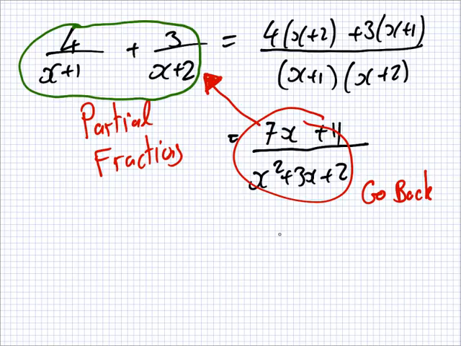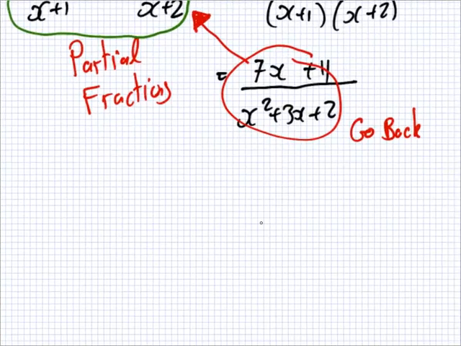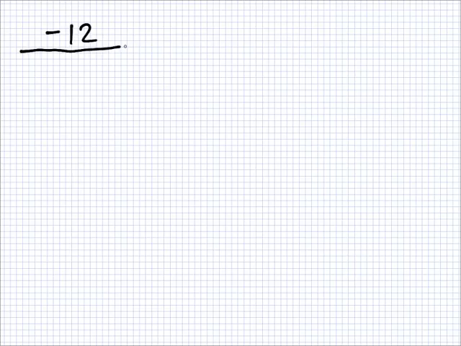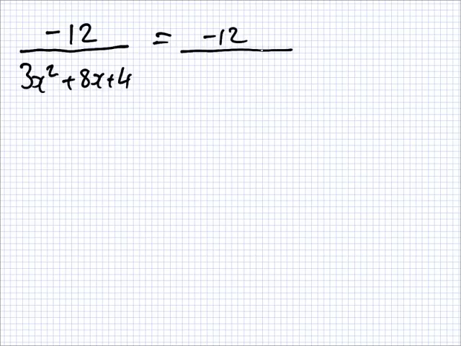So I'll show you with an example first. Can I go down? Minus 12 over 3x squared plus 8x plus 4. So your first step to going backwards is to factorize the denominator.